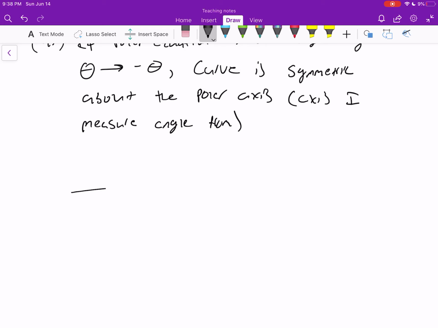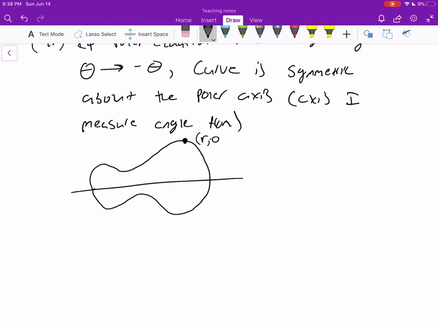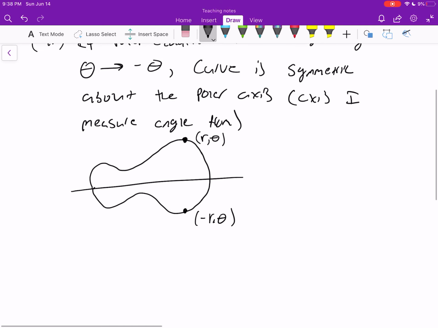So an example of that is something that's going to look like this. So that's kind of symmetric. It's supposed to be totally symmetric, but the point is, this has a coordinate r theta. This has the coordinate r negative theta. Sorry, that's not negative r theta, that's r negative theta there. So this thing has symmetry about the polar axis, and this one here is the polar axis.